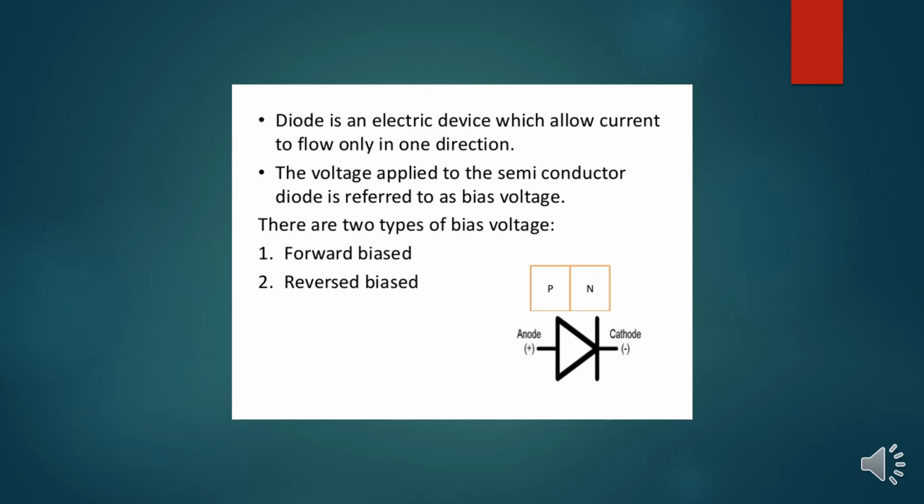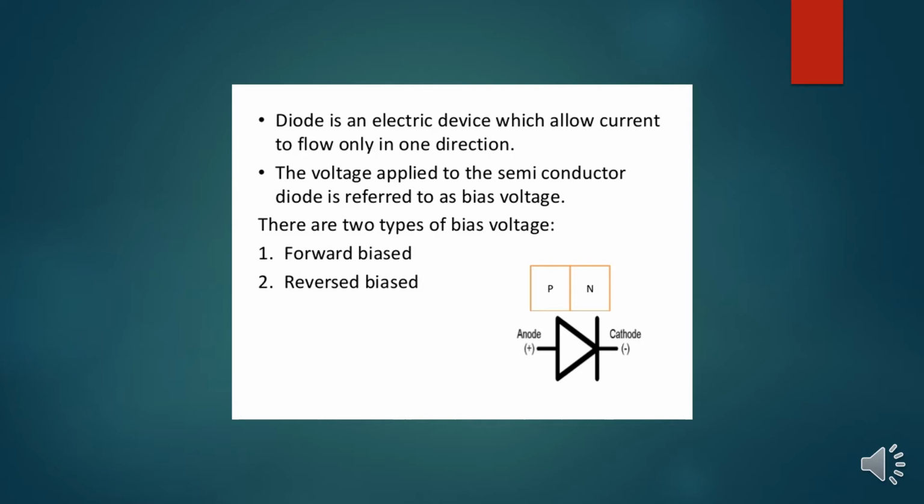What happened? These are the majority charge carriers, electrons here, and these are holes. In no bias condition, the holes and electrons are attracted to each other and they recombine and form ions near the junction.